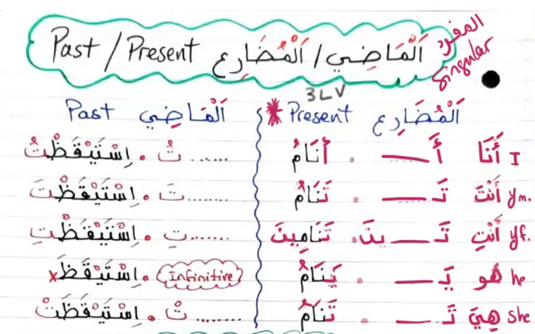A three-letter verb is referred to as الفعل الثلاثي. الثلاثي means it has three letters, just like nama. Nama, it has 1, 2, and 3. So here you have the roots, noon, alif, and mim.